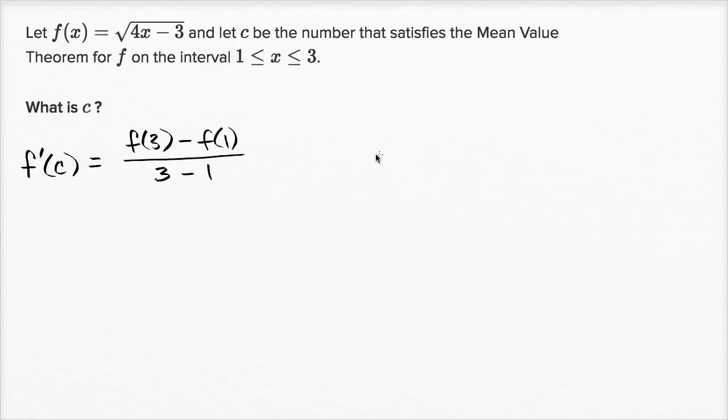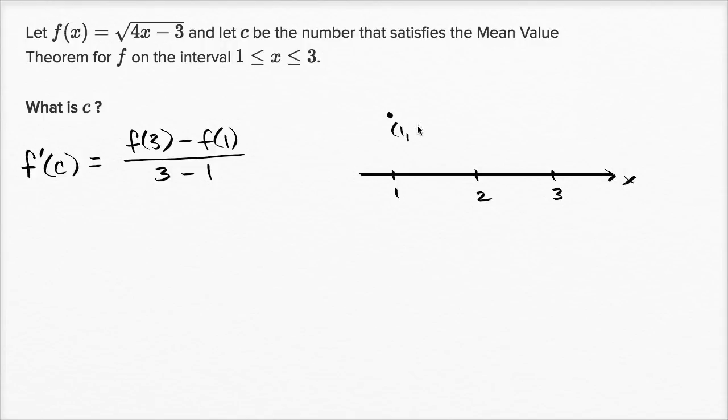And if you wanted to think about what this means visually, it would look something like this. So if this is our x-axis, and this is 1, 2, actually let me spread it out a little bit more. 1, 2, and 3. And so you have 1 comma f of 1 right over there. So that is at the point 1 comma f of 1. And we could evaluate that. Actually, that's 1 comma 1, right?